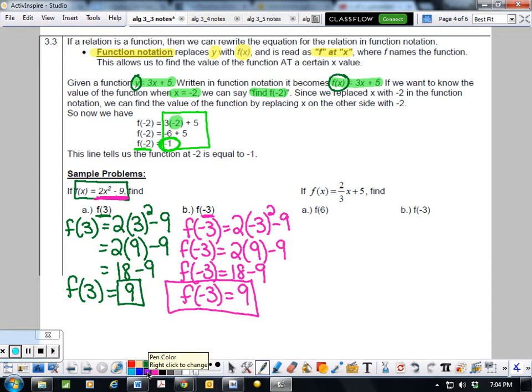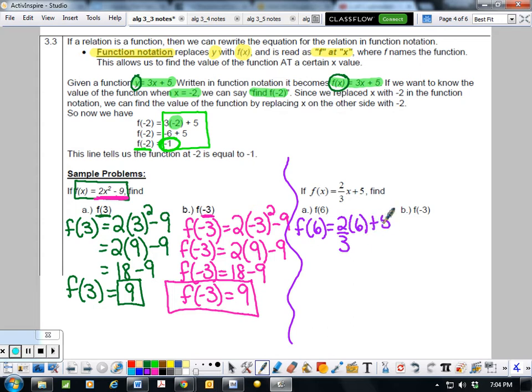Okay, so for my next one, now I have a new equation with a fraction. So now if I want to find f at 6, I'm going to put 6 wherever there's an x. So now I have 2/3 x, so I put in 6, plus 5. Now when I'm multiplying this fraction times this number, I can turn 6 into a fraction by putting it over 1.